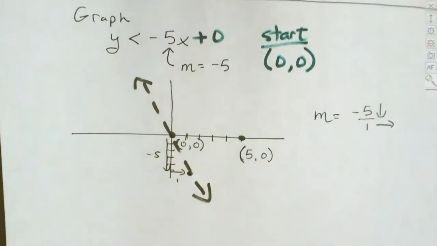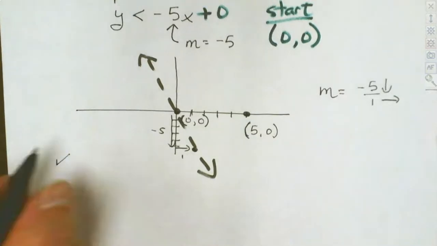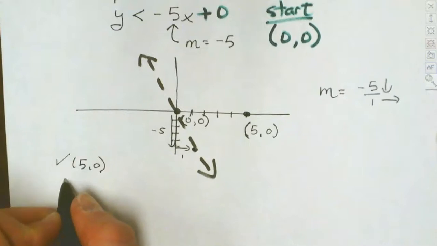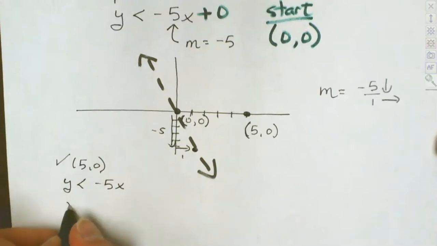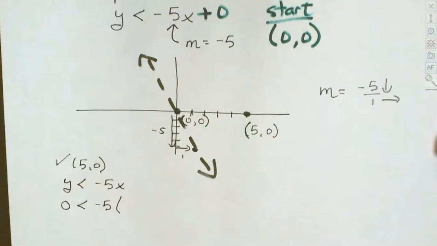So let's go ahead now and check that 5, 0. And our original is y is less than minus 5x. So that means 0 is less than minus 5 times 5. So minus 25.